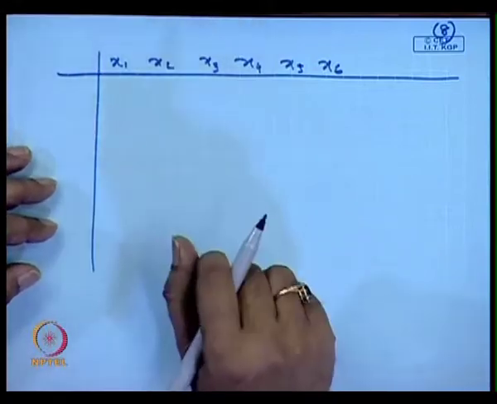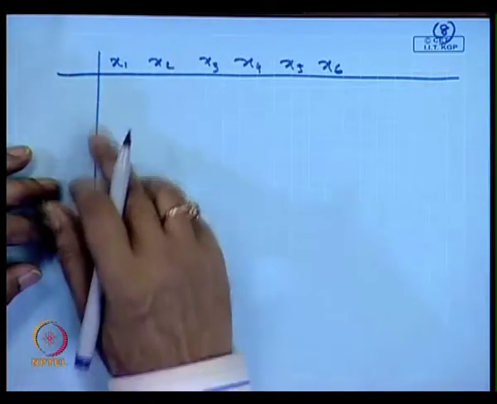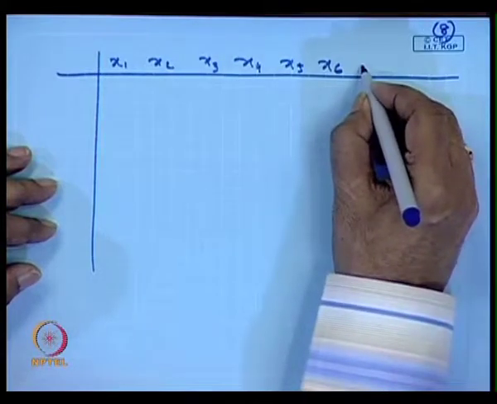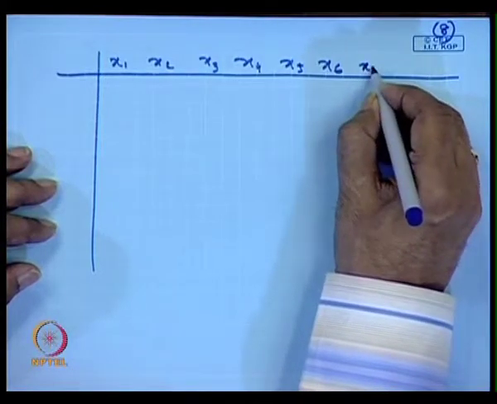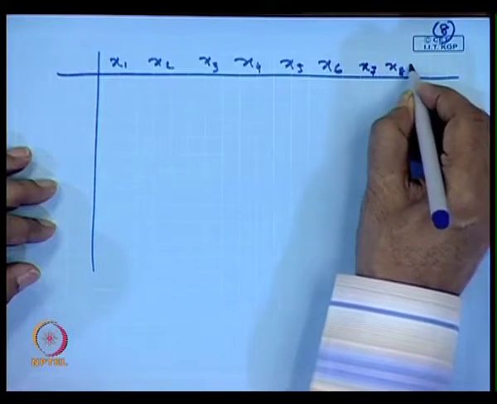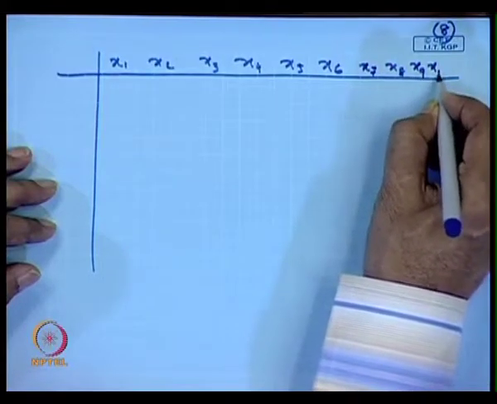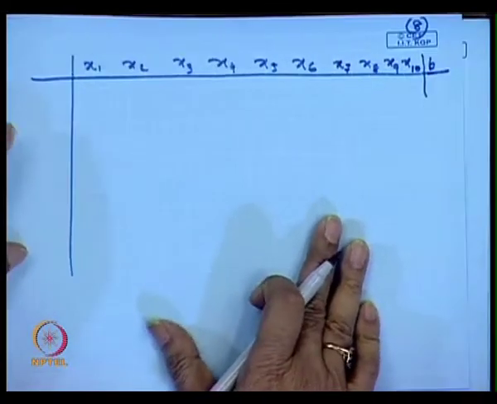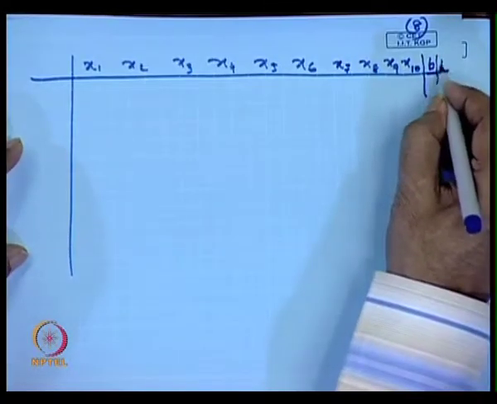There are 4 artificial variables, because we have 4 equations, the set of linear equations. Artificial variables are x 7, x 8, x 9, x 10, then b, then your ratio, you write the ratio in the standard way.